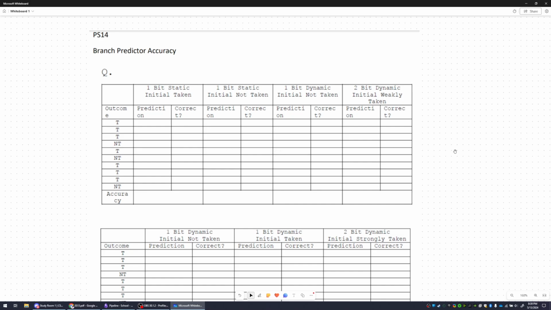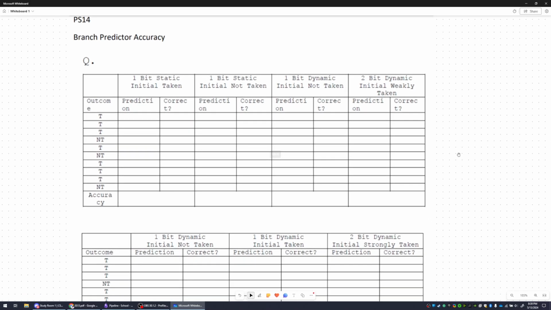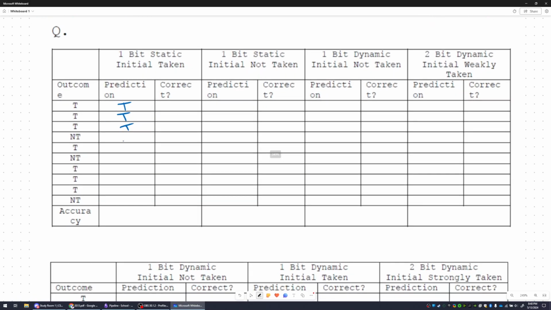Okay, so for this question, static taken. So we're always going to predict taken. Correct. Yes. Oh wait, no, not for that one.